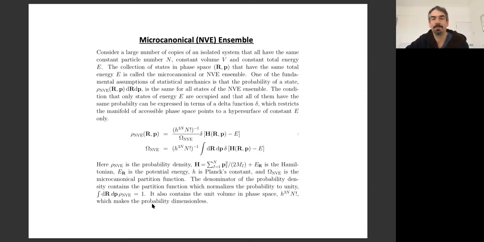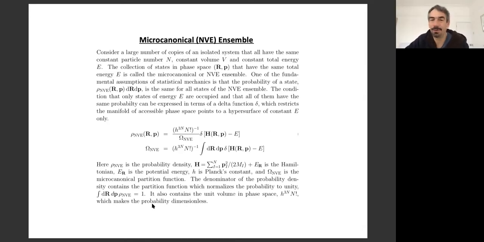Each one has the same particle number N, the same constant volume V, and the same constant energy E. Essentially, the NVE ensemble is the collection of all the states in classical phase space that have the same total energy E. This ensemble of state points forms the NVE ensemble. One of the fundamental assumptions of statistical mechanics is that the probability to find each member of this NVE ensemble is the same.